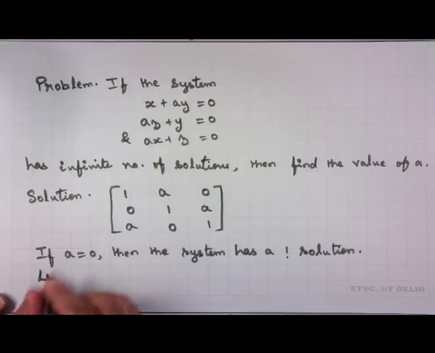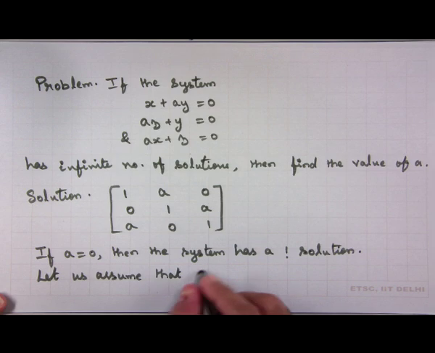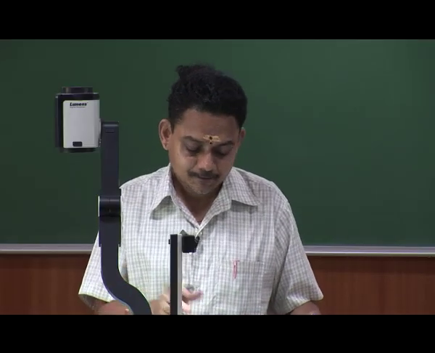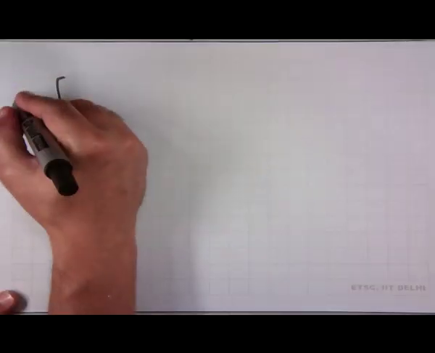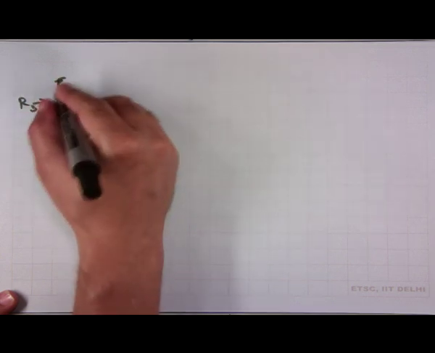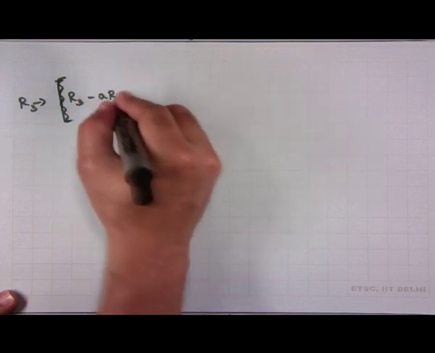So, let us assume that a not equal to 0. Now, let us try to convert it into its RRE. R3 is replaced by R3 minus a times R1.